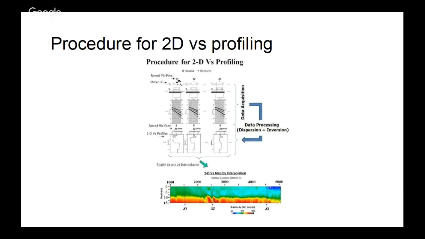And then, since we're in one of these surveys, we're moving our spread along to a whole bunch of different locations. We're then building up all of these 1D velocity profiles that we've inverted for, and we're combining them into a 2D section and interpolating in between them so that we get a full section that's giving us the shear wave velocity as a function of depth along that line that we're covering.